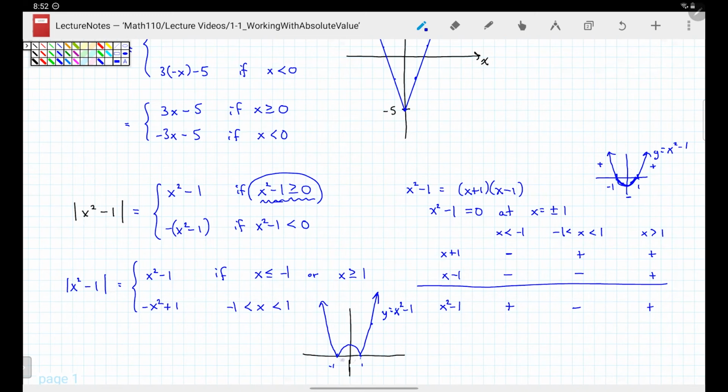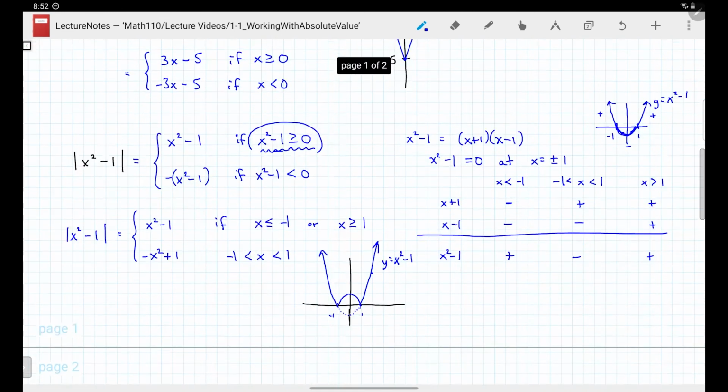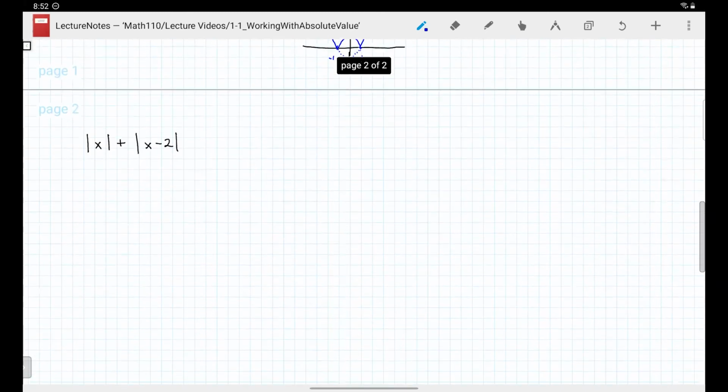So we would take all of the parts of the graph that are below the x-axis and reflect them up into the top half. Okay, but this is, again, using the piecewise definition. All right, now let's look at something like this.